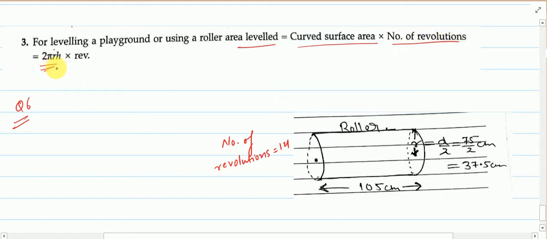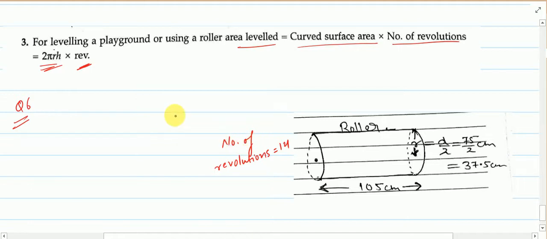That means 2 pi RH into revolution. So in this question, question number 6, we have to use this formula only. Okay, so number of revolution is given to us and radius is given. Since diameter is given, so radius is given and its height is given, so we can easily find how much area this roller is going to level or cover.